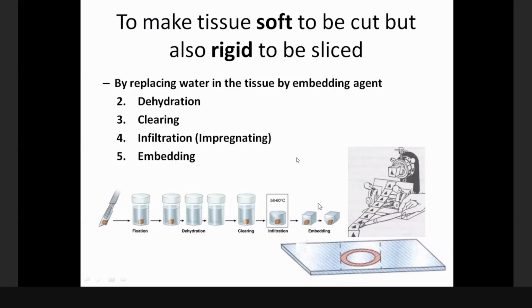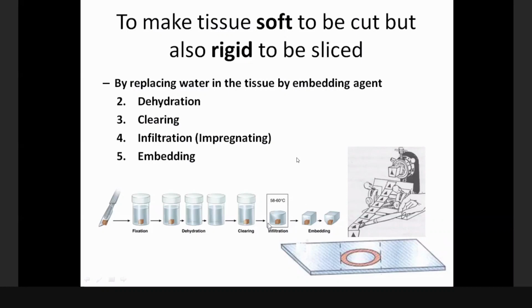But for electron microscopy, as I told you, paraffin cannot give us a very thin section of about nanometer thickness. We said we need about 40 to 50 nanometers for electron microscopy. For that, we have to infiltrate and embed our tissue in plastic. That can be done by mixing different plastics.